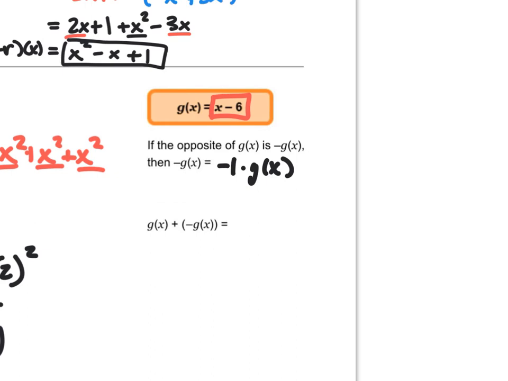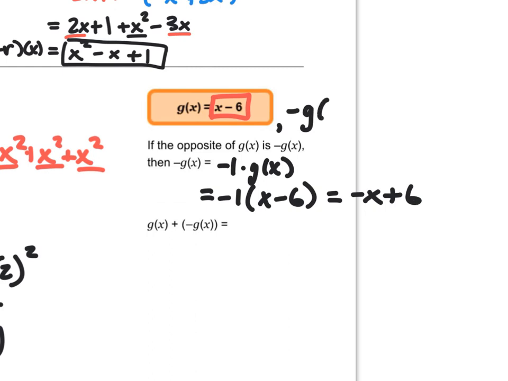So really what we get here is negative 1 times the quantity x minus 6, which gives us negative x plus 6. So I have g of x equals x minus 6. We have negative g of x is equal to negative x plus 6. It's just the opposite.